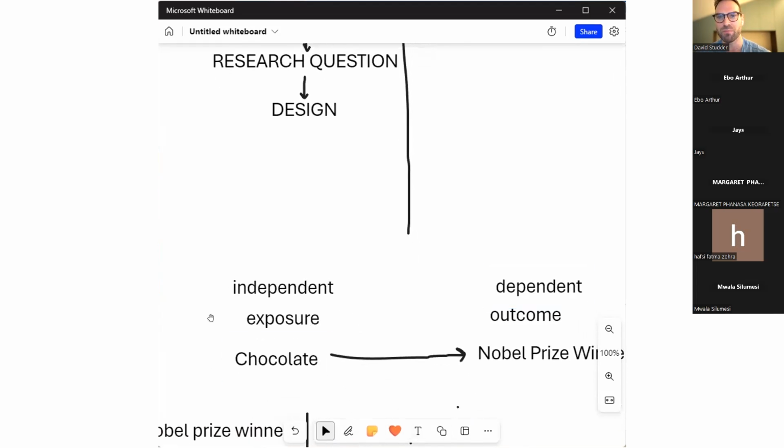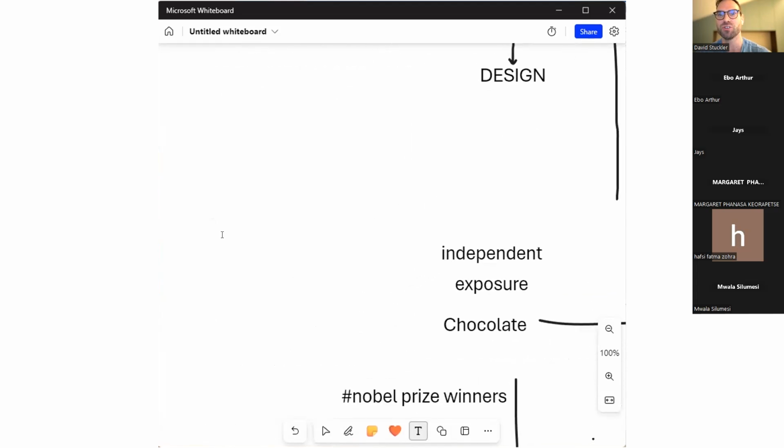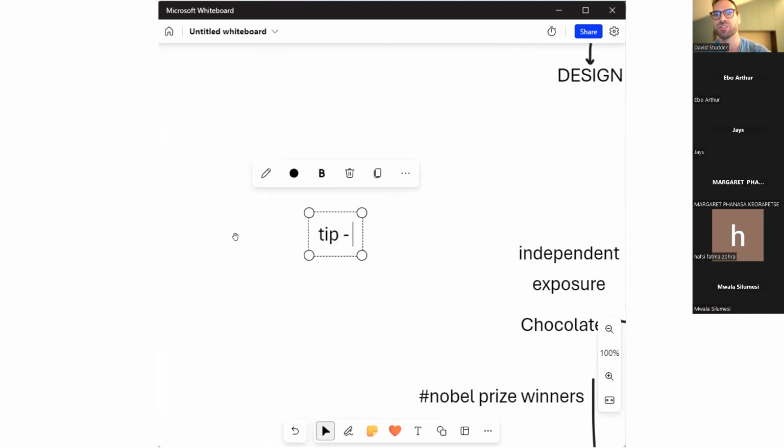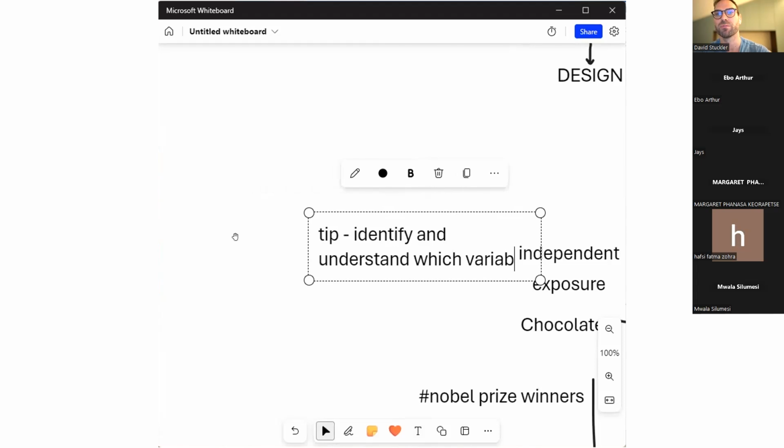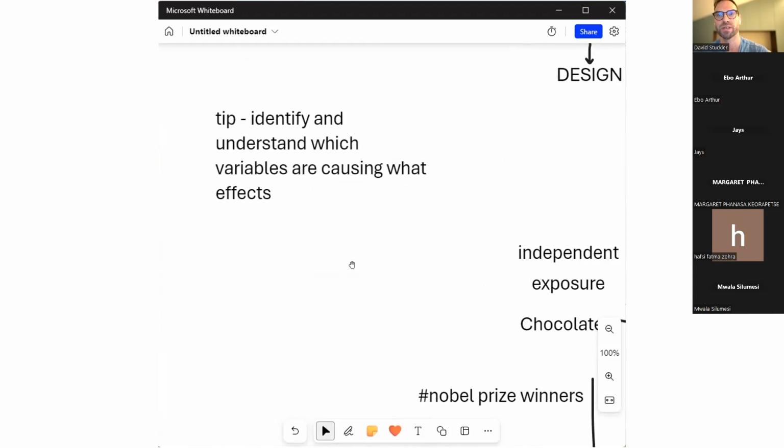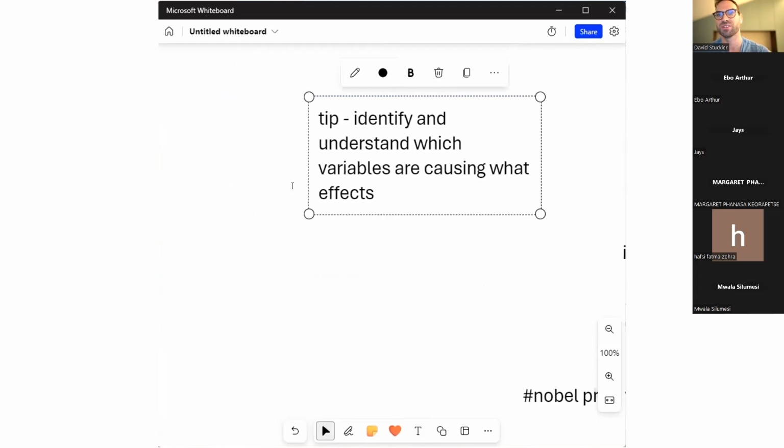It's very important. Here's another tip: you need to identify and understand for yourself which variables are causing what effects. You need to know what your exposure variable is and what your outcome is, at a bare minimum.